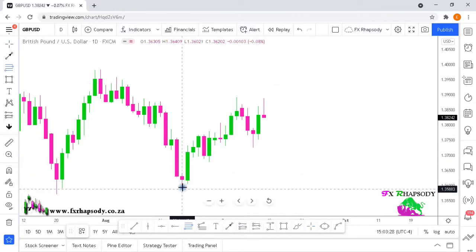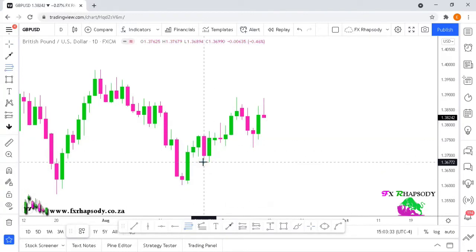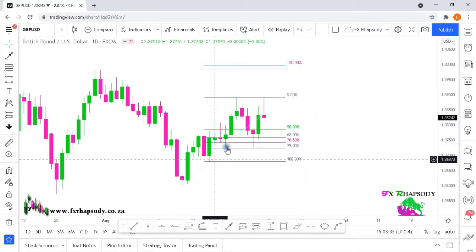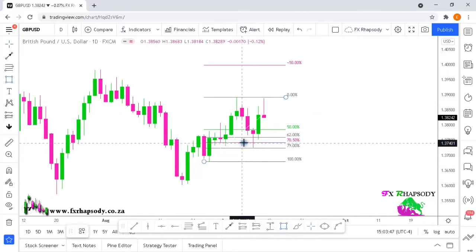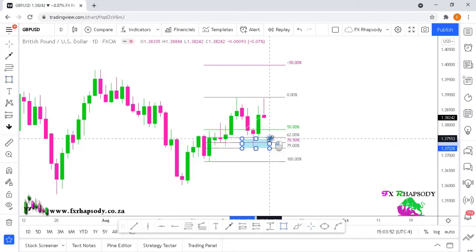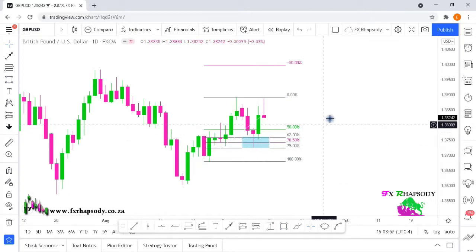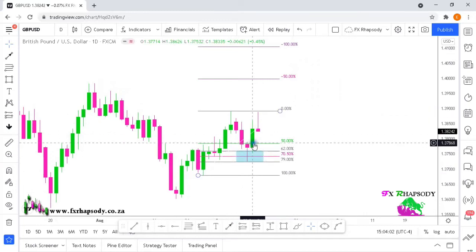It came from the bottom here, made a little bit of pullback, and if you take your Fibonacci from the low to the high, where the swing high was, you can see price came down. This was this week. I think I did make a video about that. And you can see how price came into that zone between the 62% and the 79%. That's your key area that you place your trades. And price came up, and currently price is at the top here.